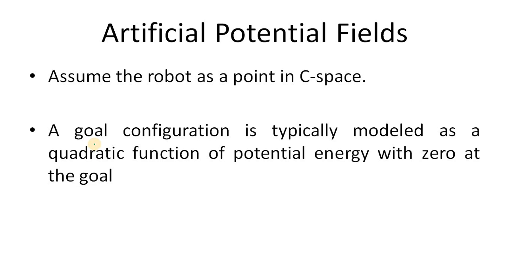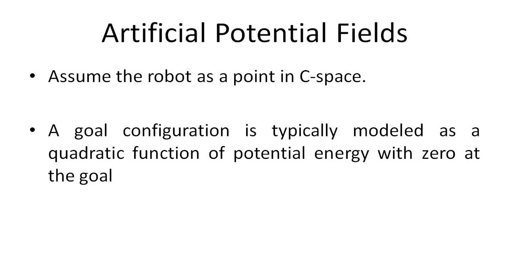So now let's see in some detail how we can model artificial potential fields to work as a path planner. So the first thing is, we assume the robot as a point in your C space.